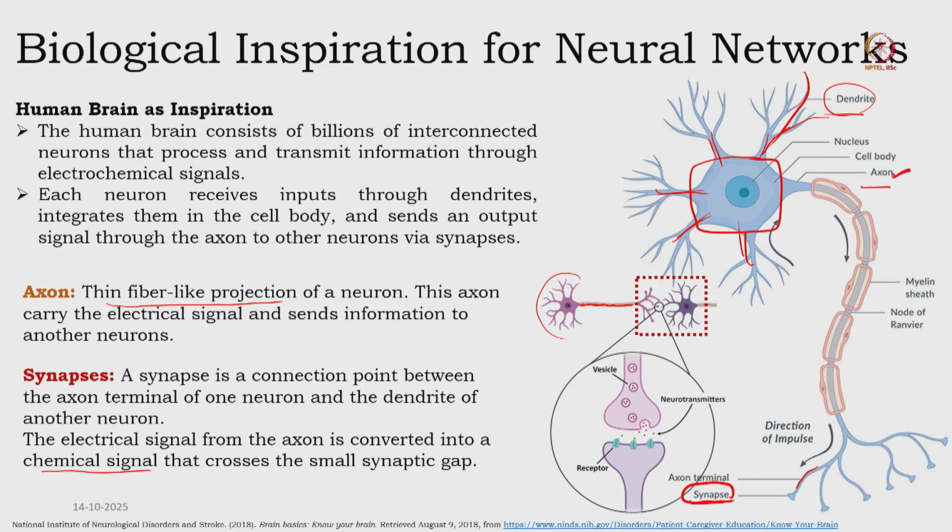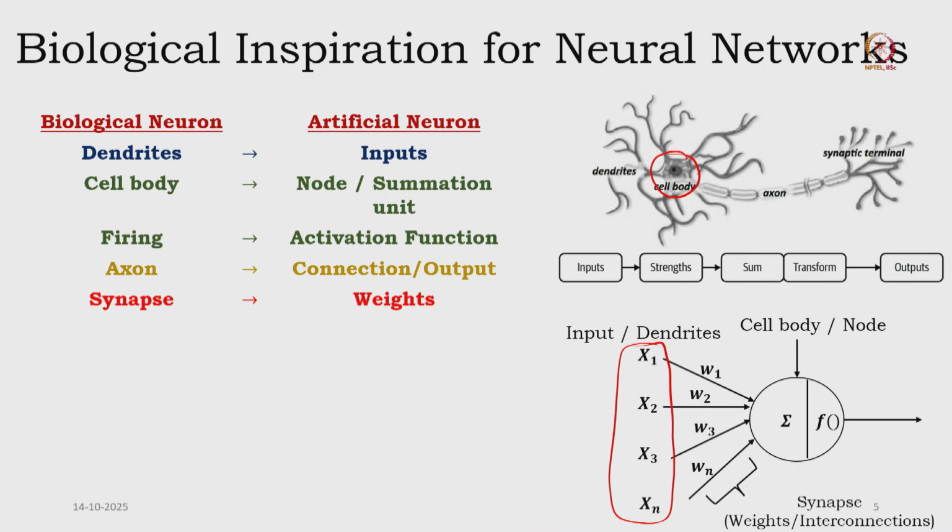So, this is the concept there. We have seen that when you do the summation and it crosses a certain threshold, the soma's combined effect makes that neuron fire. That part should be mimicked when we build an artificial neuron.